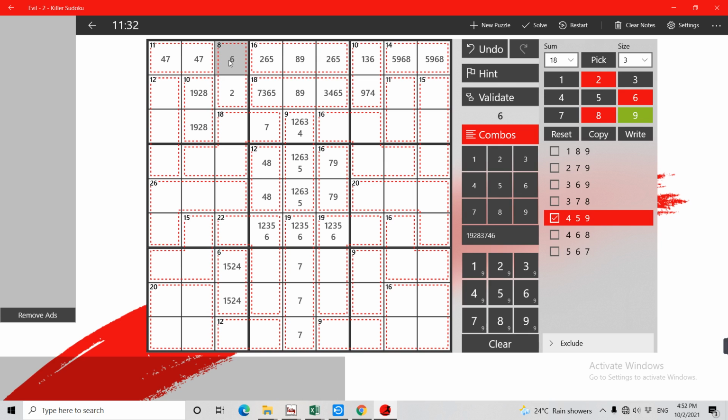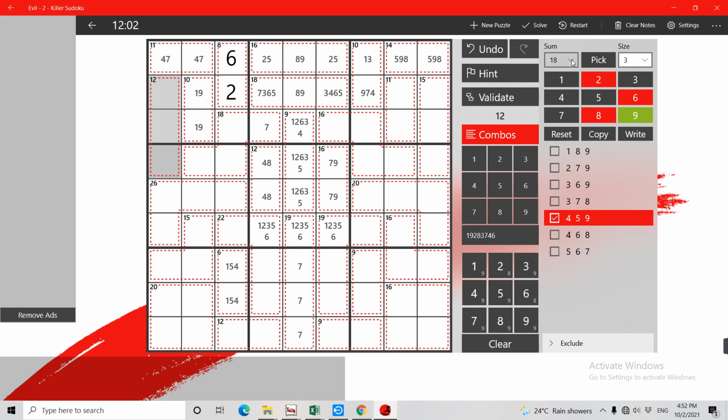That gives us 6 and 2. With 6 and 2 in hand, I cannot use 8 here any longer.